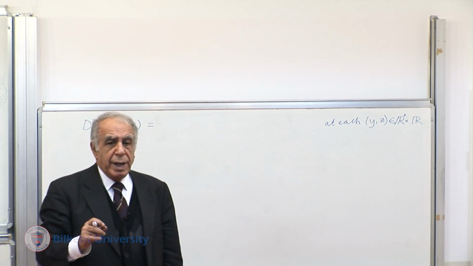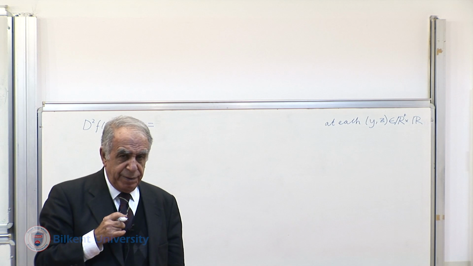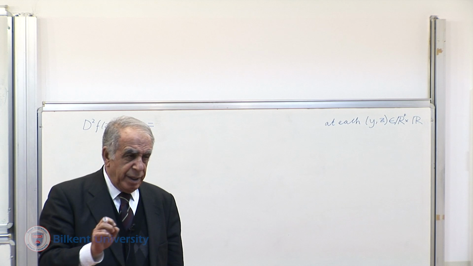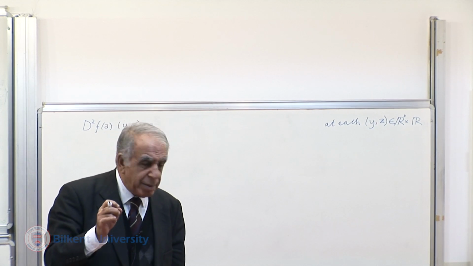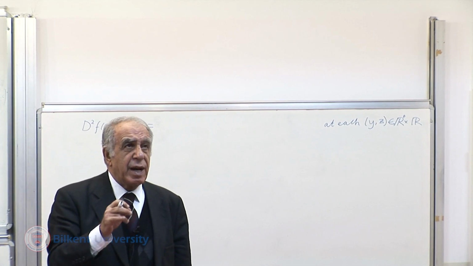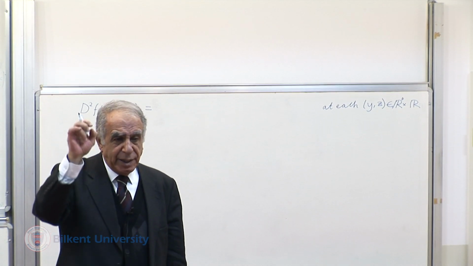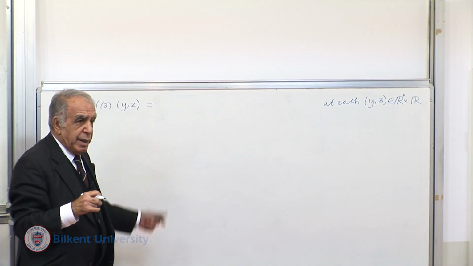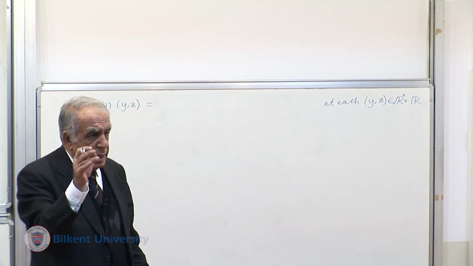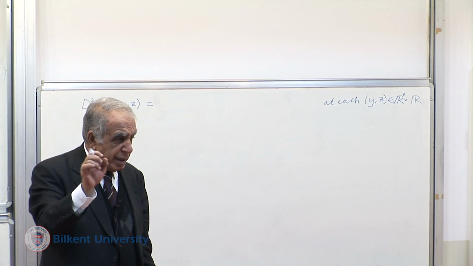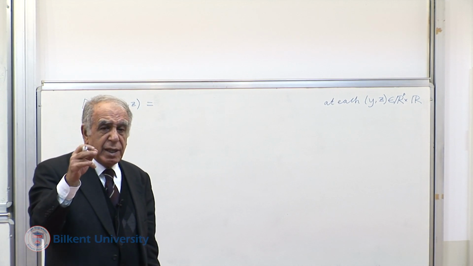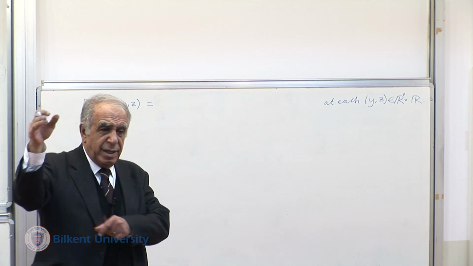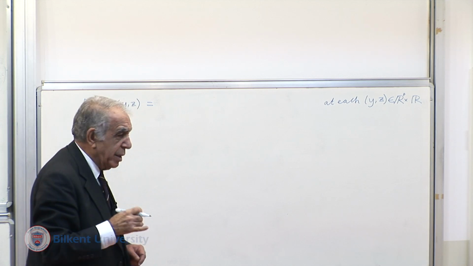Now when we defined the first derivative and then found its equivalent expression in terms of partial derivatives, it was as follows. The df of a at u is now replaced by (y, z). That was equal to the sum of the terms, the partial derivative of f with respect to xi at a times u sub i, the ith component of u.